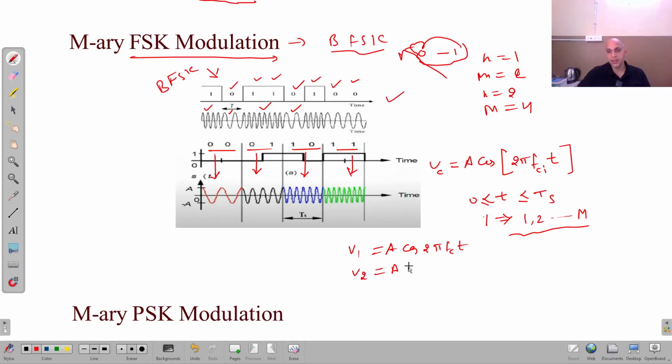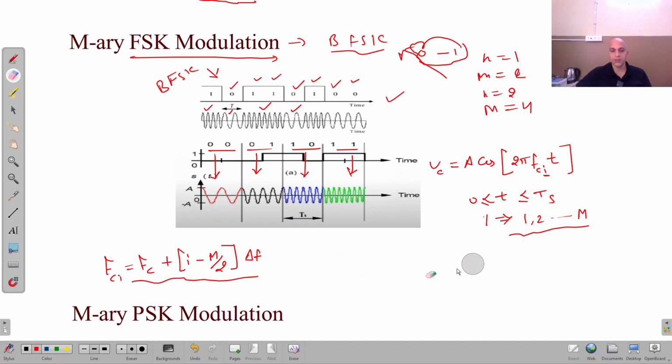Similarly, v2 is A cos of 4 pi fc t if i is equal to 2. Sorry, I forgot to write down the formula for fci here. So fci is equal to fc plus (i minus M/2) times delta f. This is the formula. I wrote it wrongly before, so sorry for that.